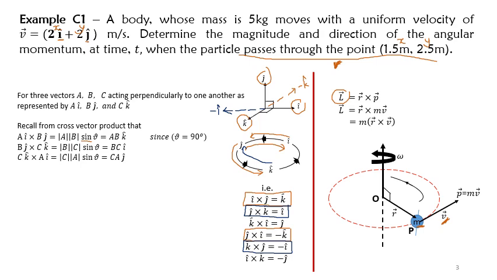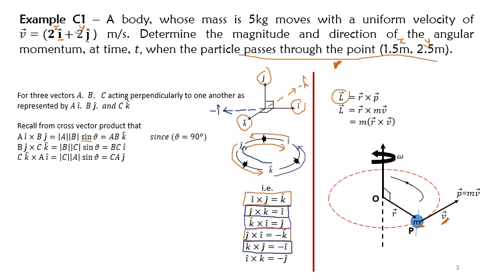And likewise for the third one, k i. You are going clockwise, so k i, the resultant vector will act along j.